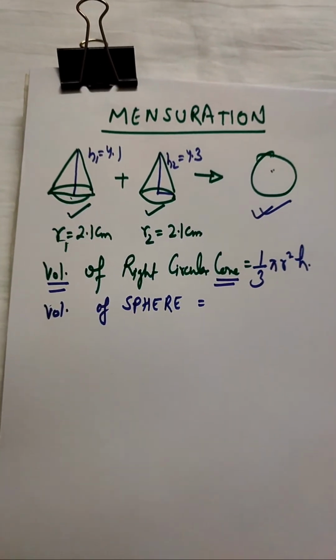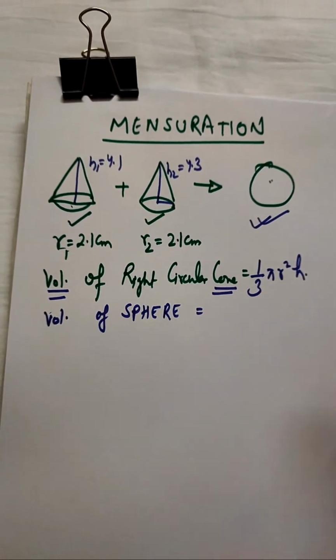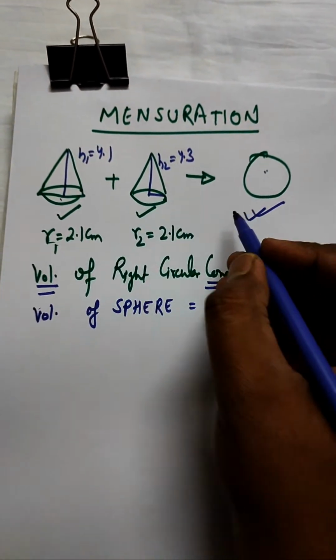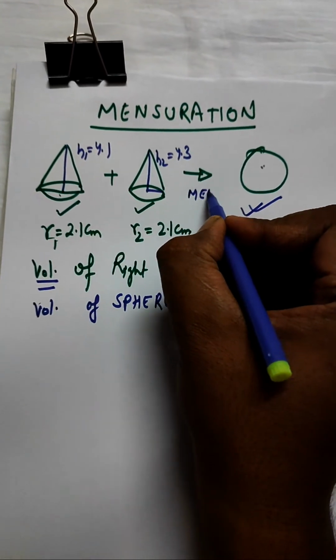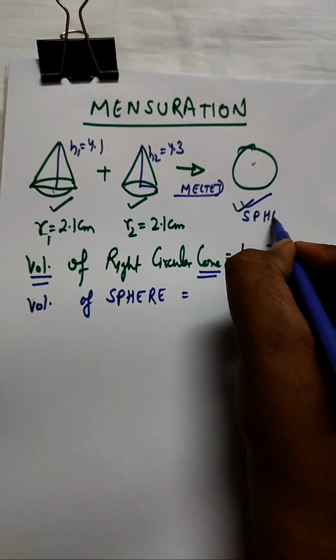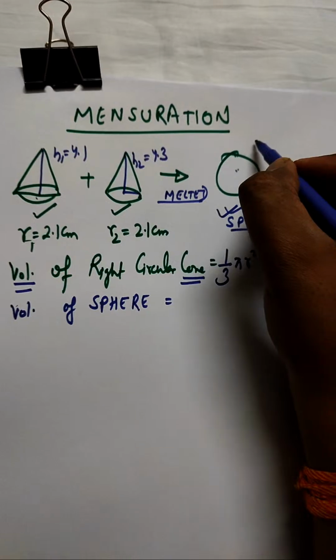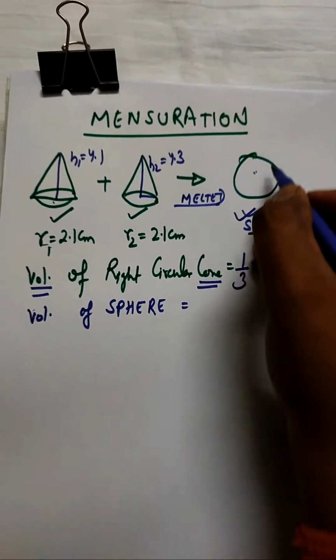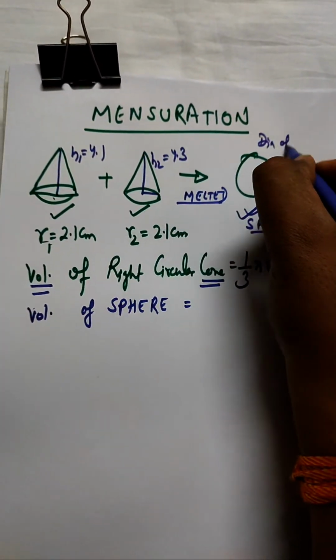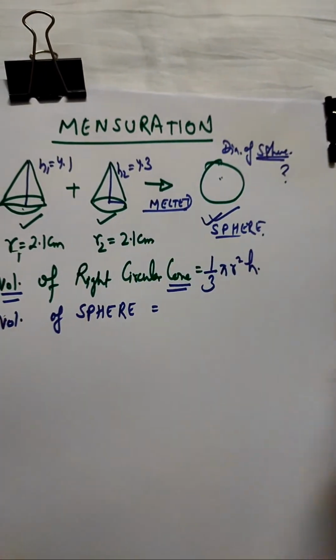Here I have already taken the data: two cones melted to form a sphere, and we need to find the diameter of the sphere.